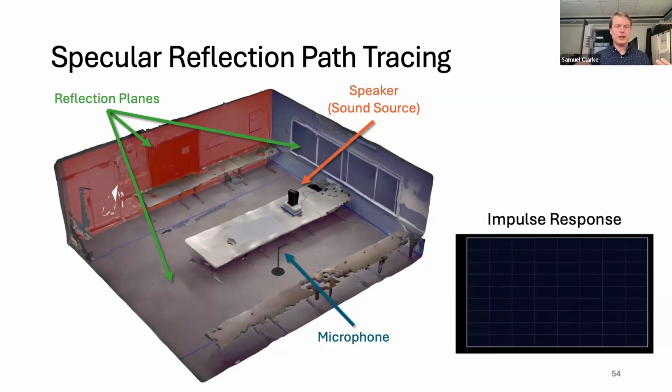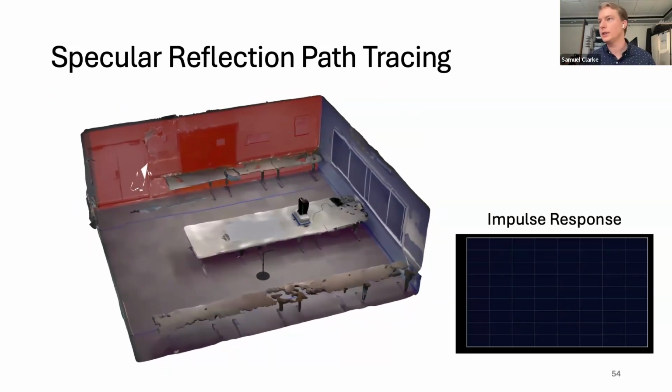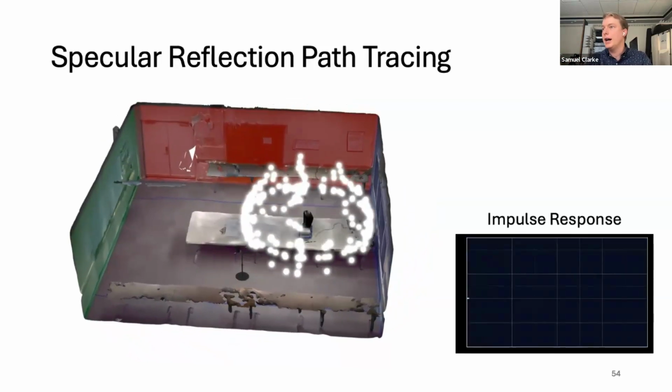And we essentially have these rays of sound that travel in different directions from the speaker and strike these different planes in different sequences. And then by the time they arrive at the microphone, they have struck a unique sequence of planes, and they've also traveled a total distance, which is going to be proportional to the delay of arrival at which they arrive to the microphone in the impulse response.